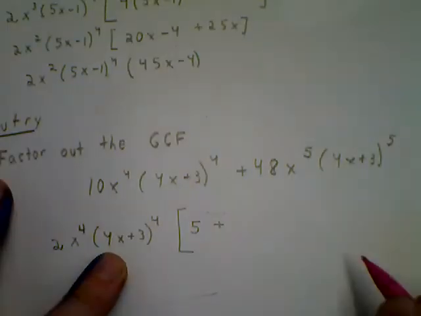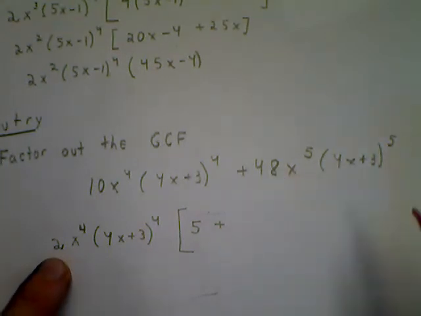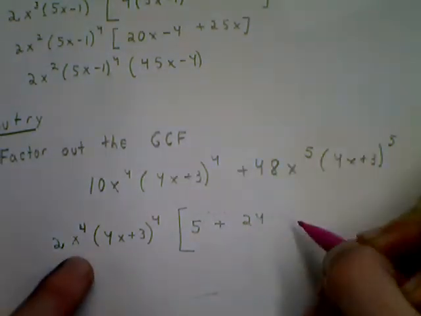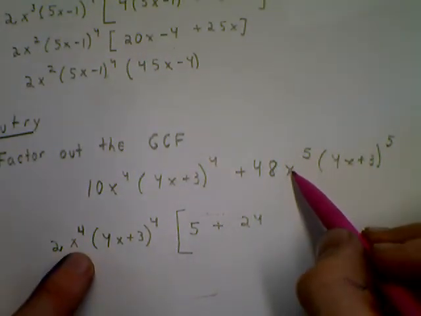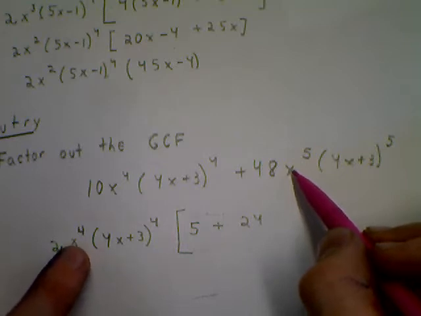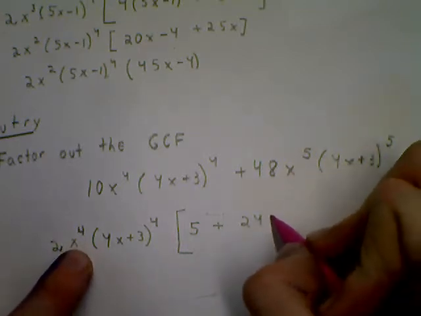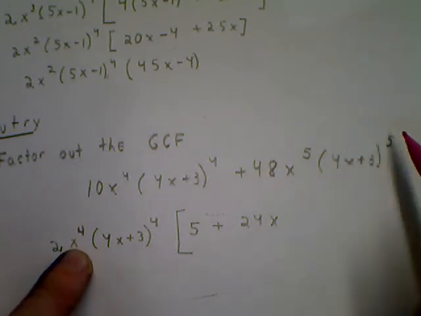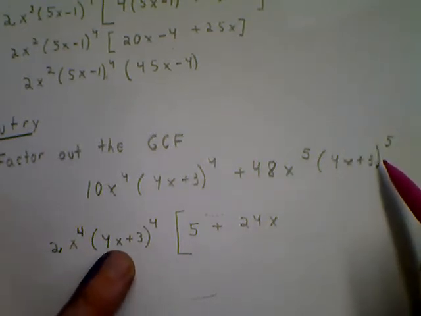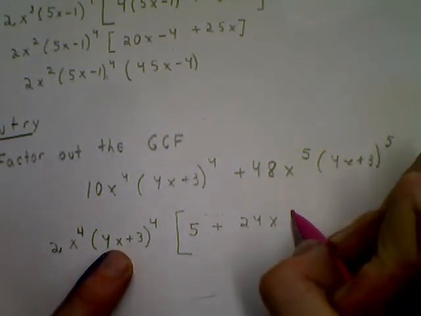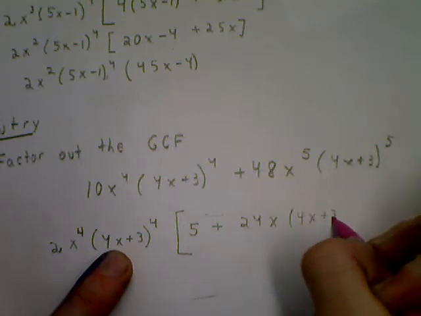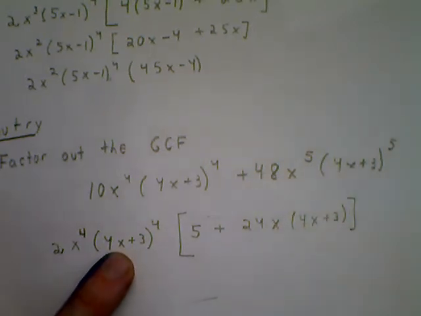Next, plus. If I take 2 out of 48, I'm left with 24. If I take x to the fourth out of x to the fifth, I'm left with x. Next, I'm going to take 4x plus 3 to the fourth out of 4x plus 3 to the fifth. I'm left with 4x plus 3.